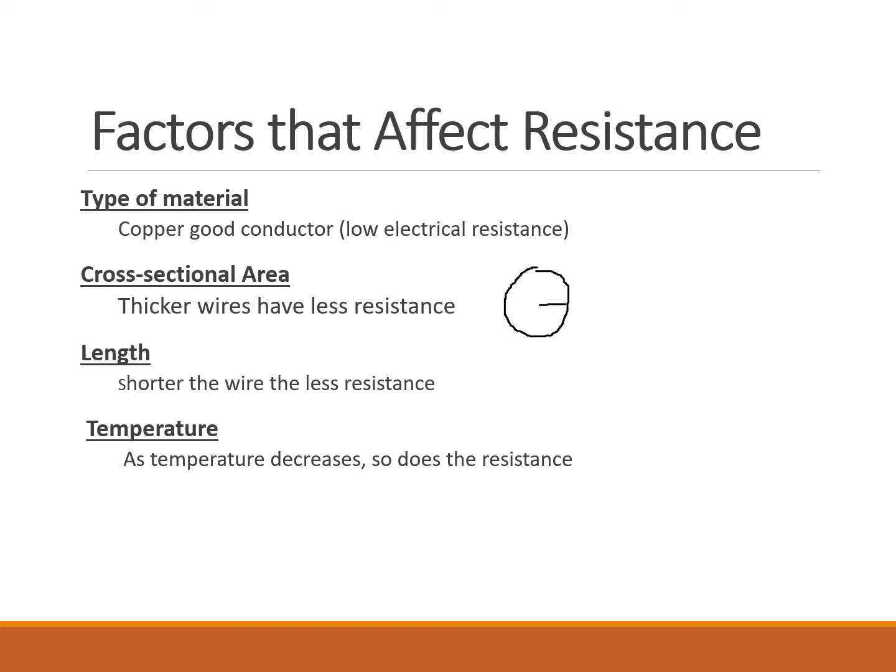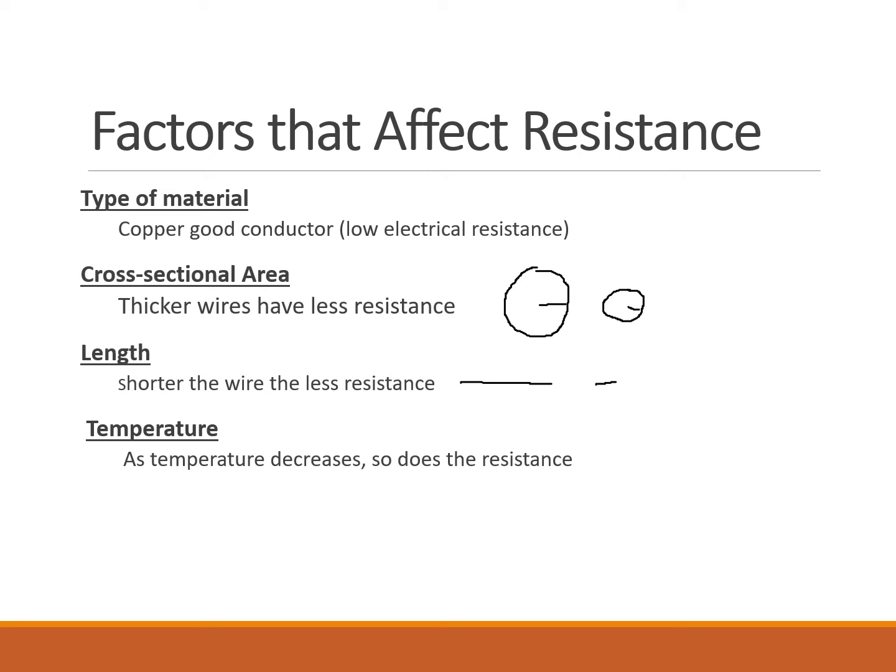A bigger radius has less resistance than a smaller radius, because there's just more space for the current to flow through. Then we have length. A longer wire will have more resistance than a shorter wire.